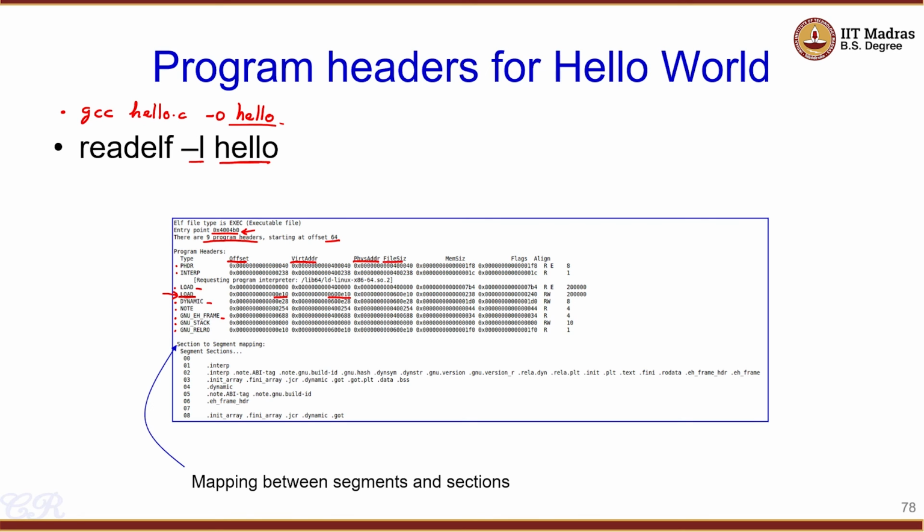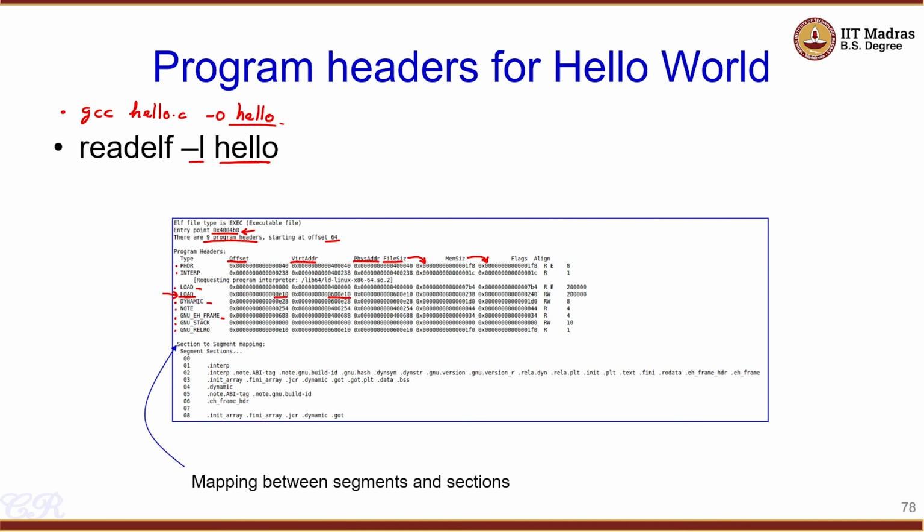The file size essentially tells you the size of the segment when it is stored on the hard disk, in other words, the size of the segment in the hello file, right? Mem size, on the other hand, tells you the size of the segment when it is loaded into memory.